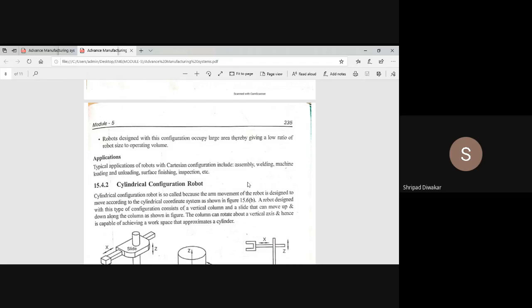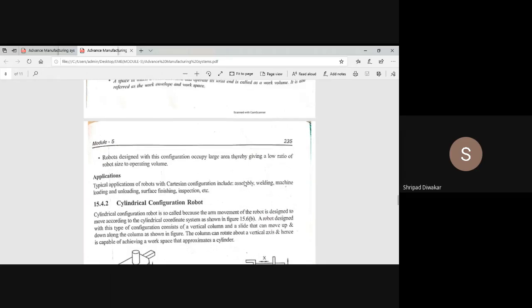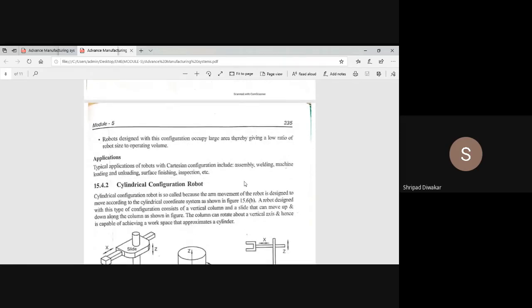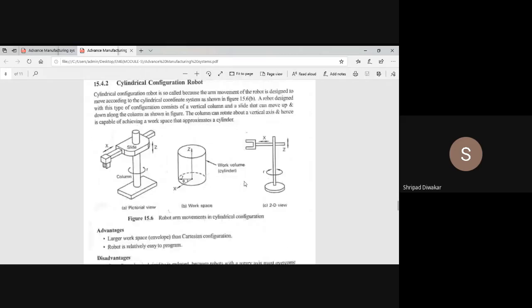As I said, the robot can perform a variety of tasks. It can be involved in assembly, welding, machine loading and unloading, surface finishing, and even inspection. These are the applications of Cartesian: assembly, welding, machine loading and unloading, surface finishing, inspection, etc.